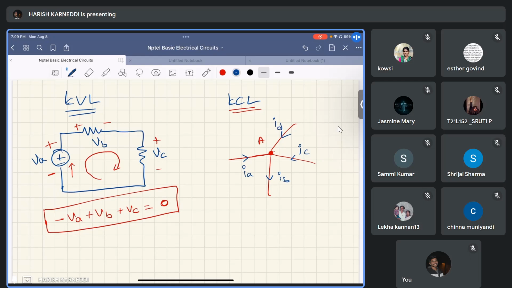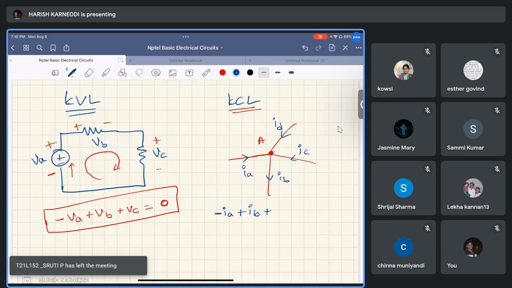Write the equation, considering entering current with a negative sign. IA is entering, so minus IA. IB is leaving, so plus IB. IC is entering towards the node, so minus IC.